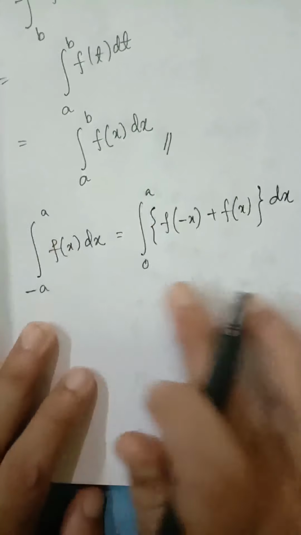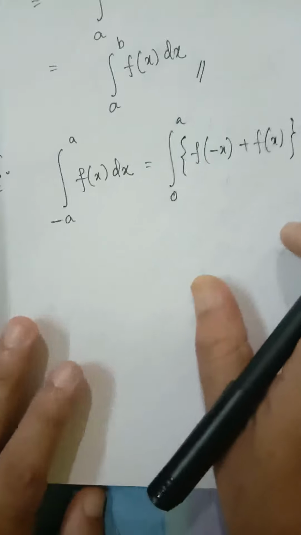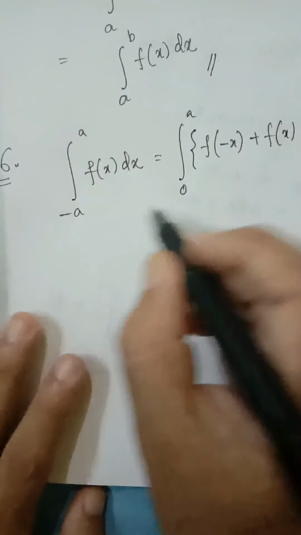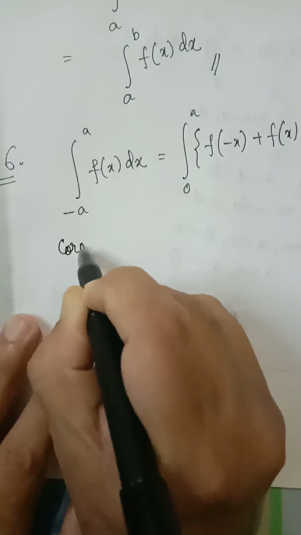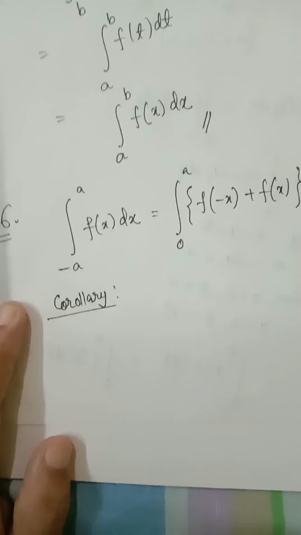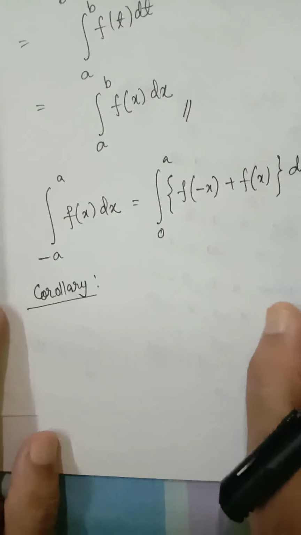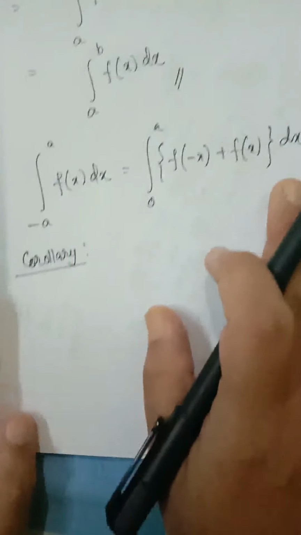Minus a to a f(x) dx equals 0 to a f(minus x) plus f(x) dx. Okay, next, corollary. Here corollary means the results which will come directly from this theorem.